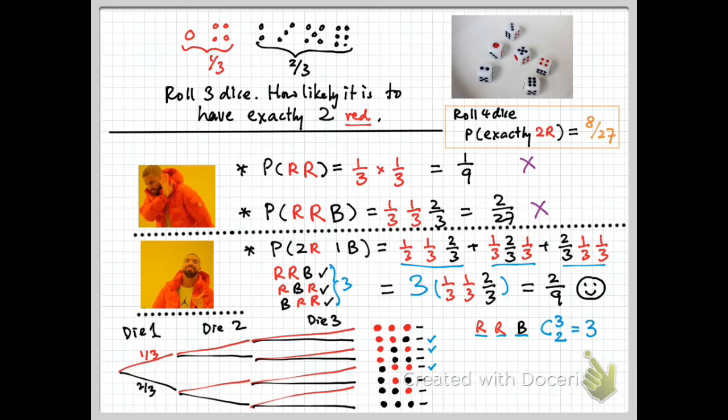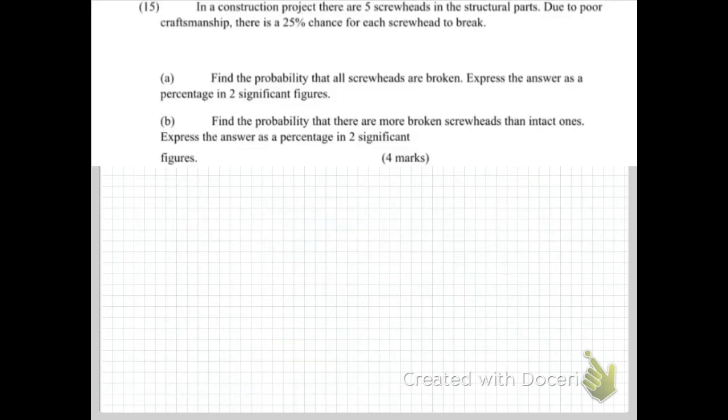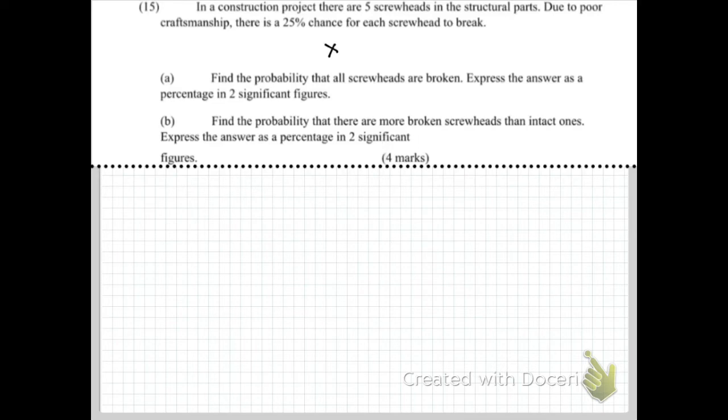Okay, let's take a look at another similar example. It is like the railway: we have 5 screw heads in the construction parts. There's a 25% chance for each screw head to break, so the probability of breaking will be 1/4.